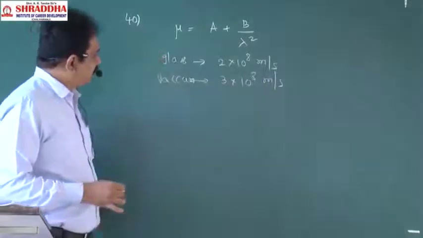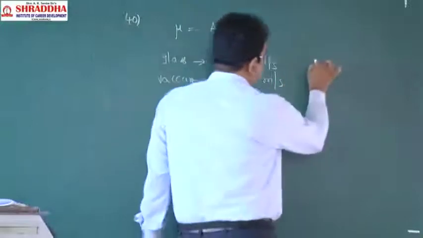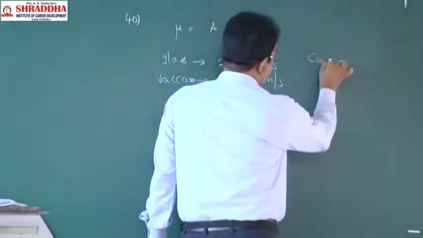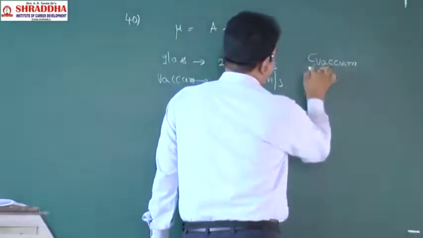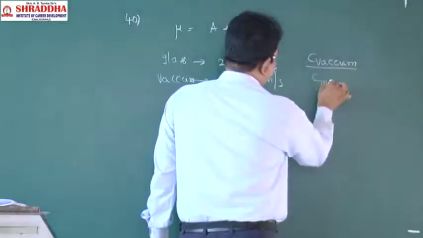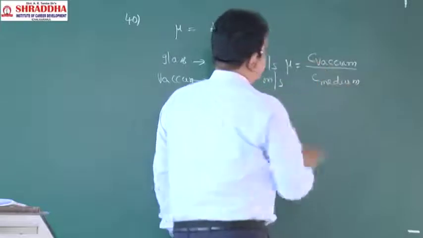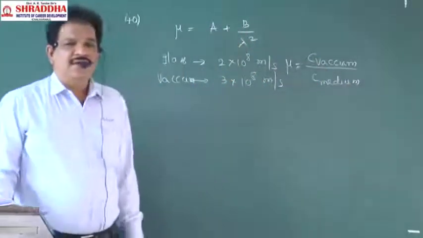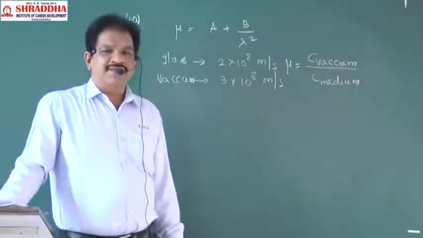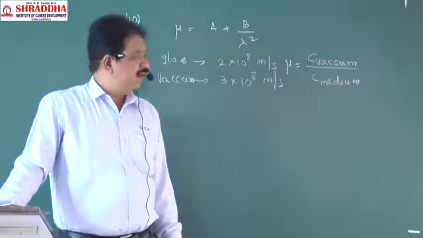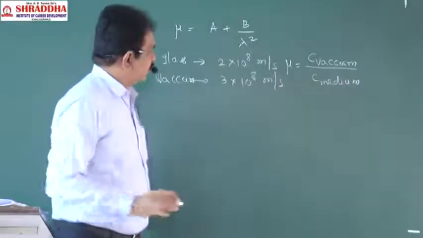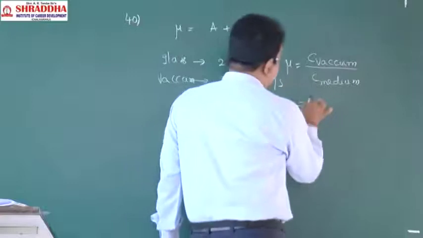The ratio between these two, velocity of light in vacuum by velocity of light in medium, that will be called refractive index of that medium.